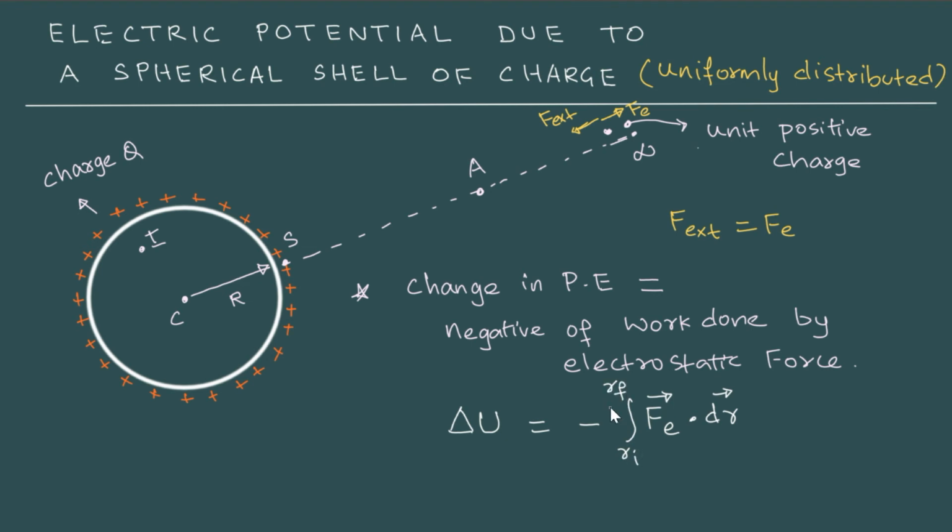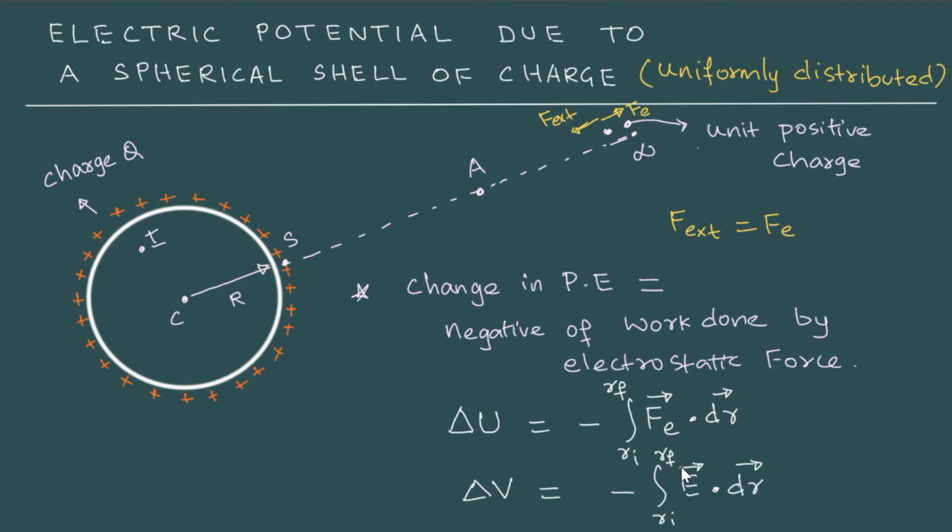Because we are interested in calculating electric field and then the electric potential, we are doing everything per unit positive charge. So if I divide by charge, I should get the change in potential as negative of the integral, and wherever you have force we will be using electric field, so E dot dr, from initial position to final position.